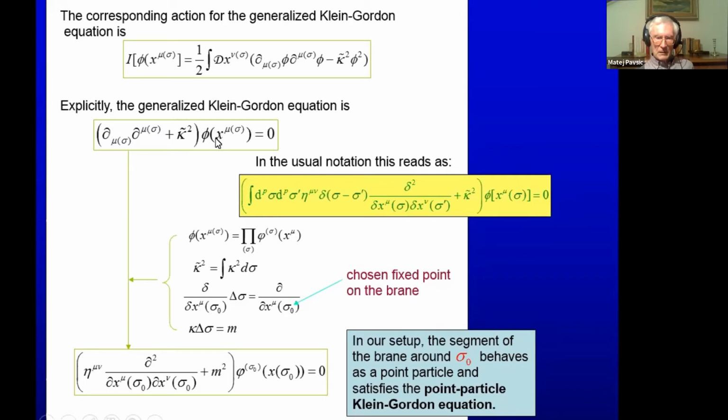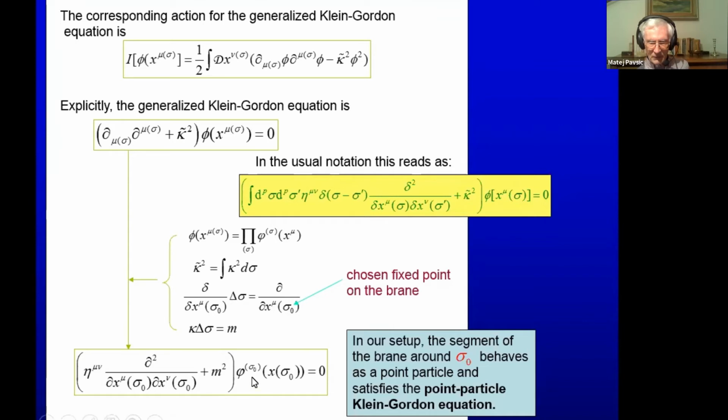Now, if this generalized Klein-Gordon field is just the product of these fields, then by using these identifications, in which M is the mass of a brane segment delta sigma, and the functional derivative multiplied by the mass of the brane segment delta sigma is the usual partial derivative, this equation becomes a system of equations for those fields.